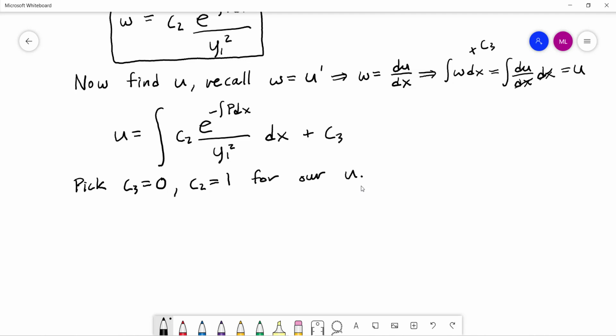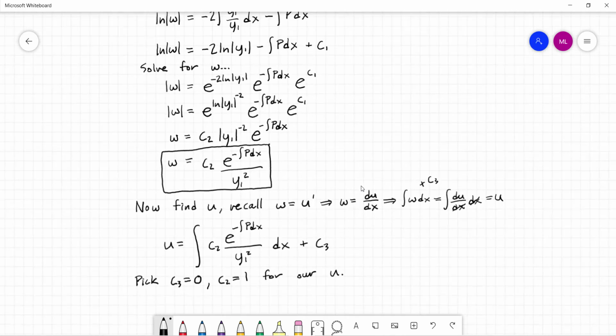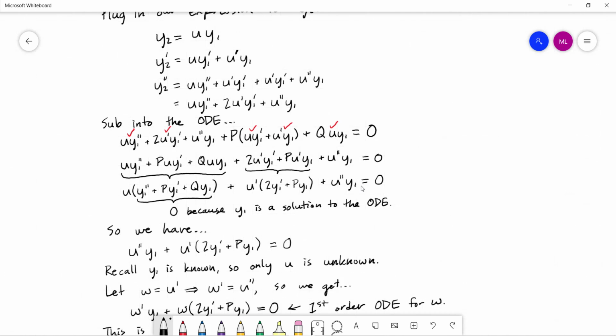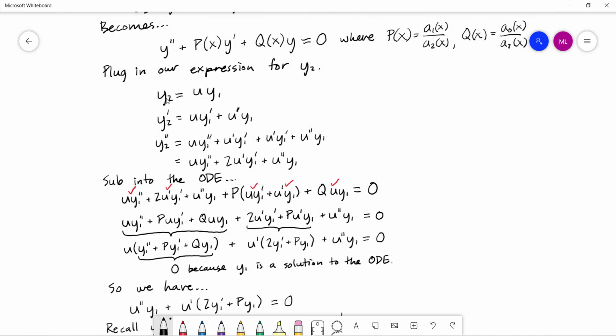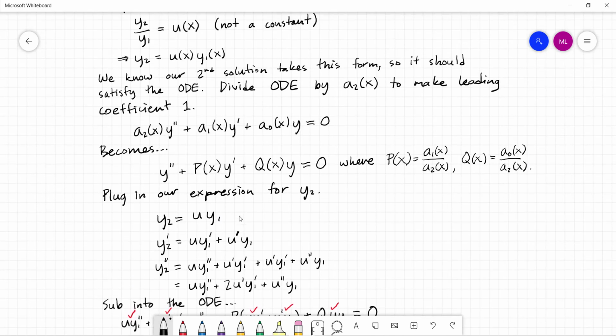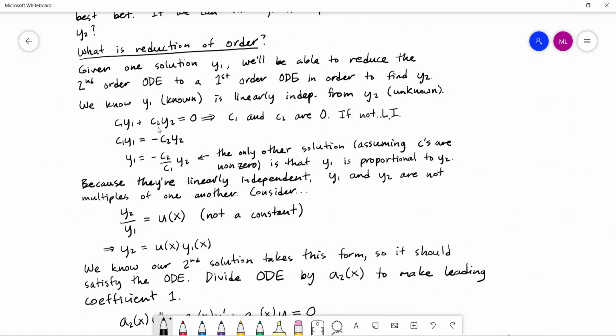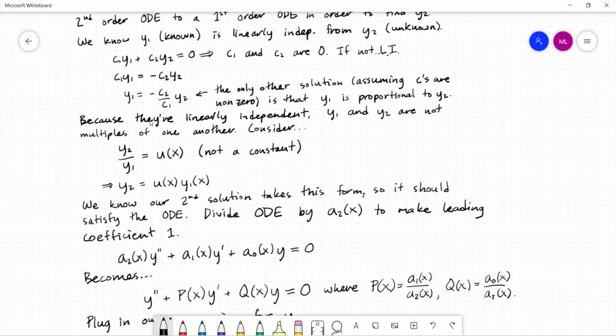And again, we're allowed to do this because ultimately we're not trying to find u, we're trying to find y2, which is just going to be u times y1. Then we're going to take a linear combination, coming way back up here, of y1 and y2. So there's already going to be some other constant in front of it, so I can not worry about these constants.